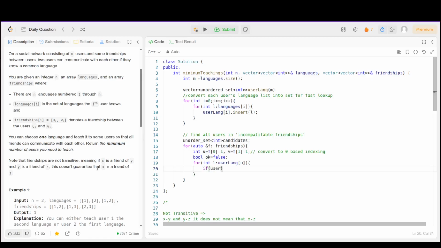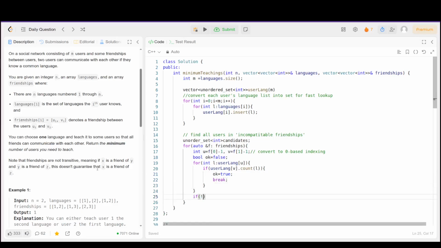If user lang of v dot count of l exists, then both users know a common language. Then we set this to true and break out of the loop.